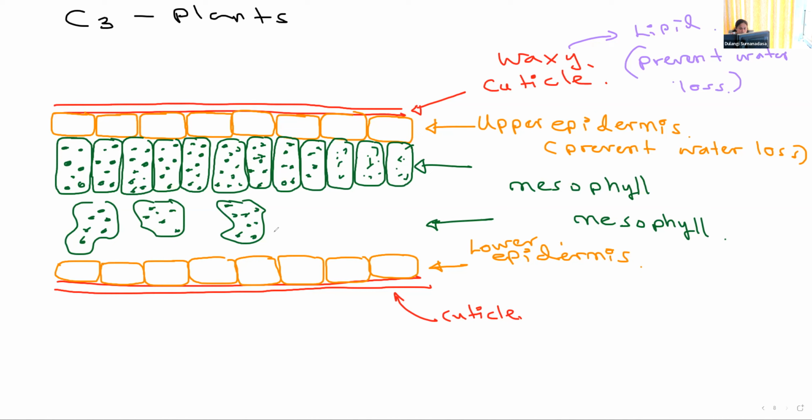Nikita, clear? So you can't just name both layers as mesophyll. The first layer with the elongated cells is known as the palisade mesophyll. And the second one with big air pockets is known as the spongy mesophyll. But whichever mesophyll, they will contain chloroplast in C3 plants.